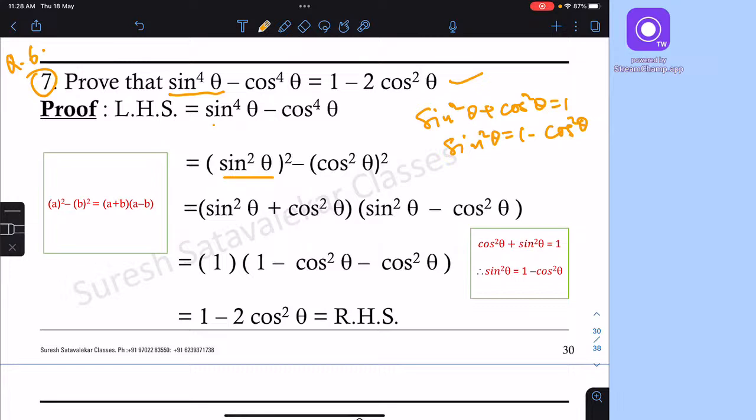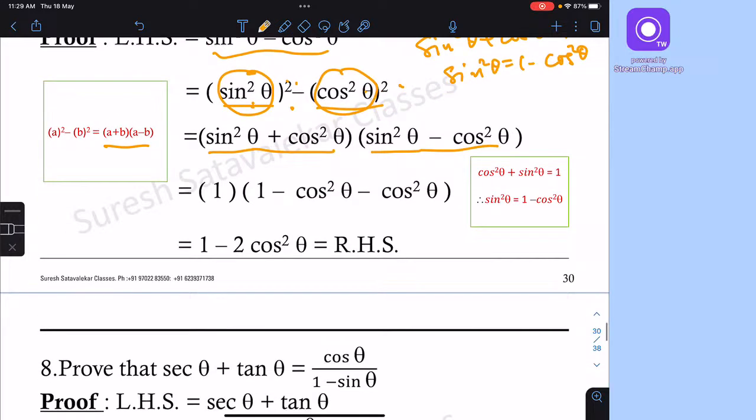So you can write the left hand side as a difference of two squares, sin square theta bracket square minus cos square theta bracket square. This is treated as a square minus b square. The factors are a plus b and a minus b. So sin square theta is a, so this is a square, and cos square theta is b, so this is b square. This is a plus b, a minus b. Now as I told you here, sin square theta plus cos square theta can be replaced as 1, and this sin square theta I am replacing as 1 minus cos square theta.